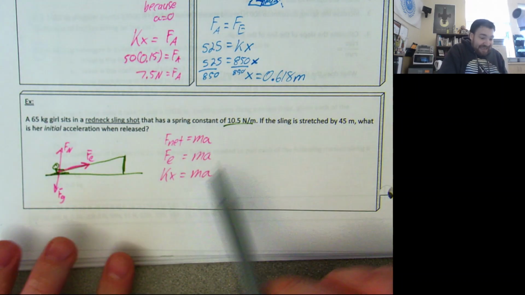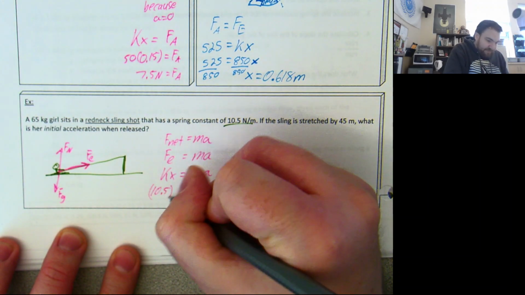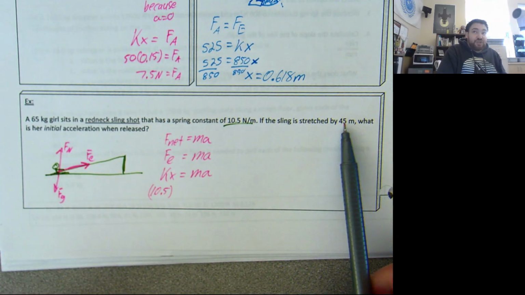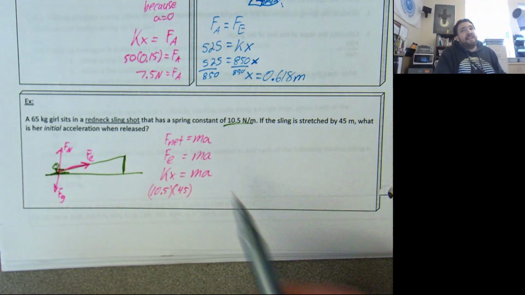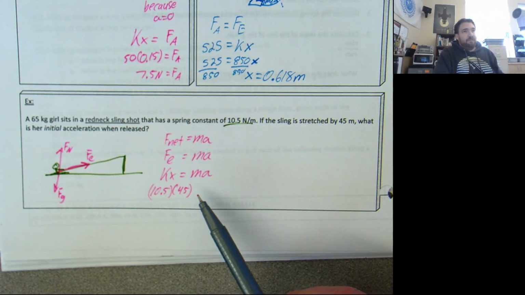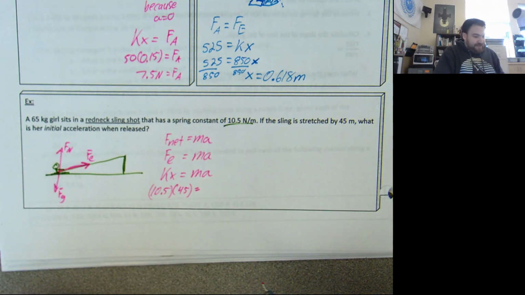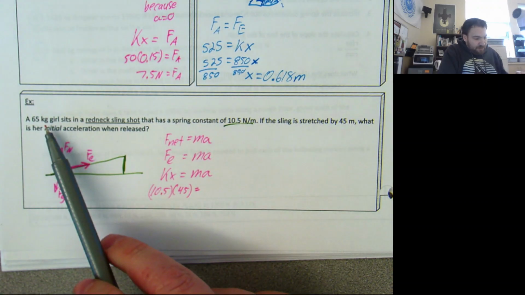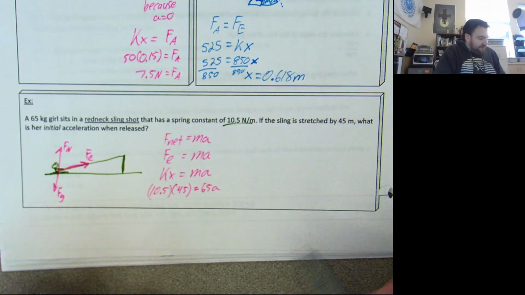We are told that k is 10.5 newtons per meter, and this thing has been stretched by 45 meters, which is insane. That's half a football field. Well, yet the rednecks do some crazy stuff. The mass is 65 kilograms. What's the acceleration?